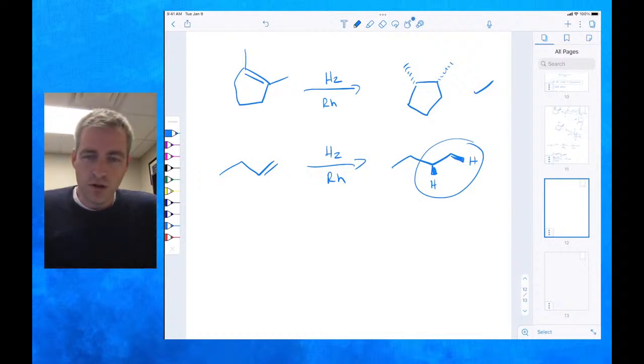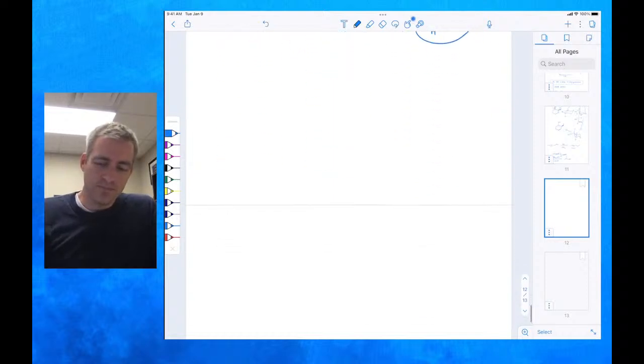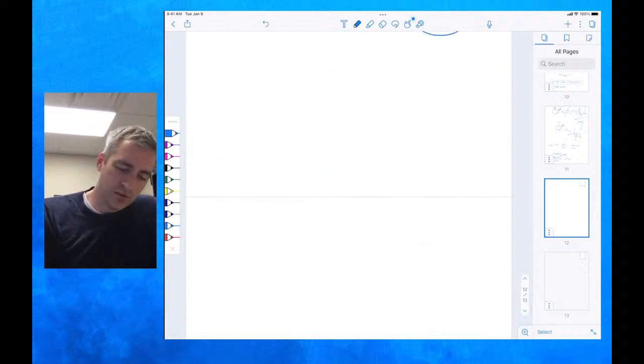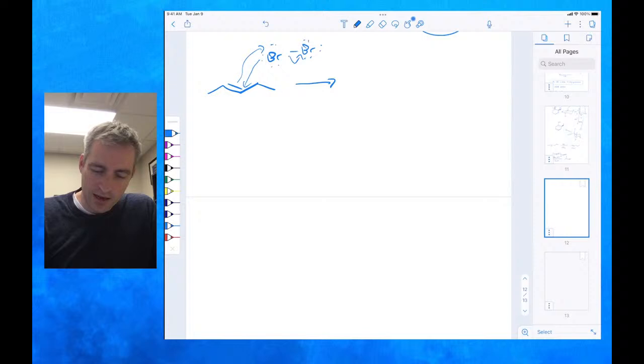Generally speaking, there are multiple correct ways of drawing almost anything. So the question was around an addition like this, where you're adding Br2, where the first step looks like that, and Br plus.